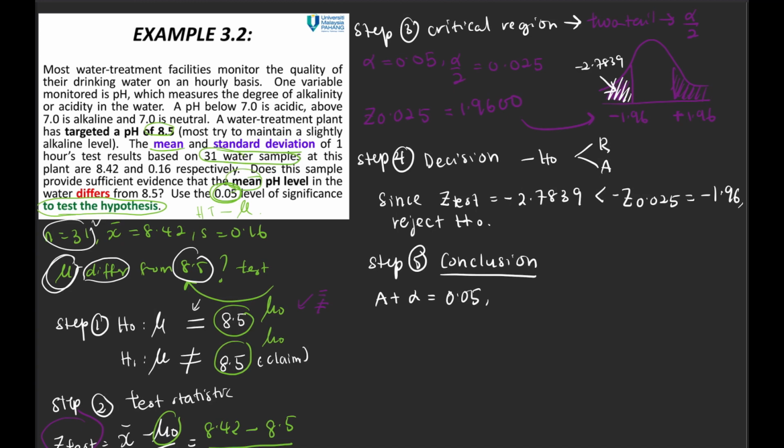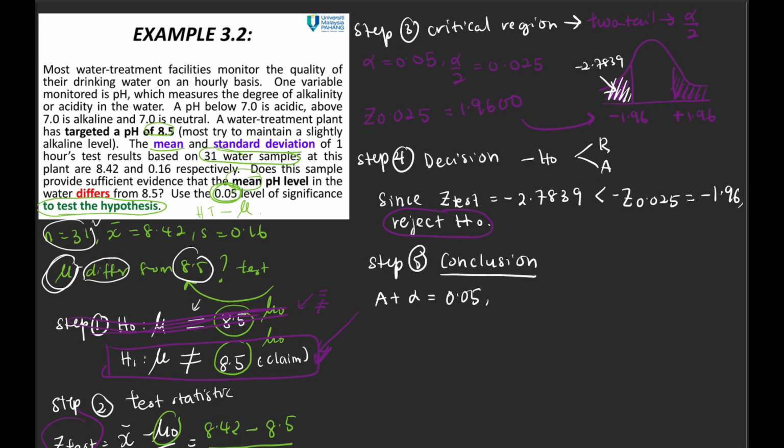So look back at our step 1. In step 4, we reject H null. So in step 1, you discard your H null because you reject this one. You accept this one, which means that you accept the claim. You reject H null and then you accept the claim.